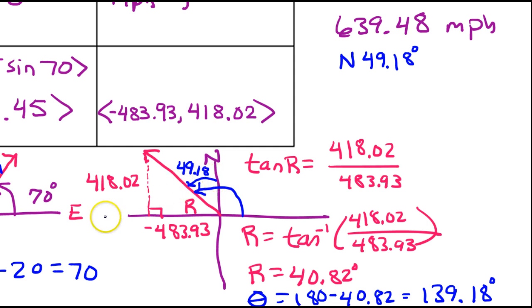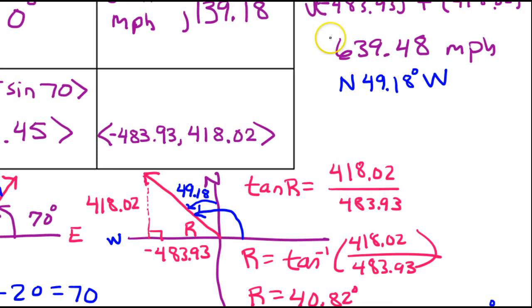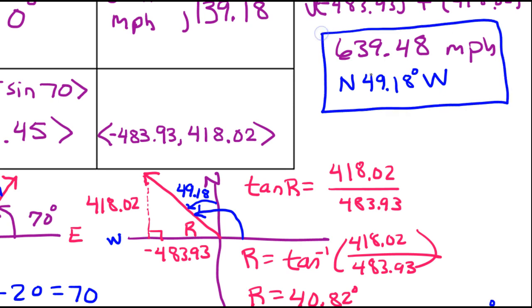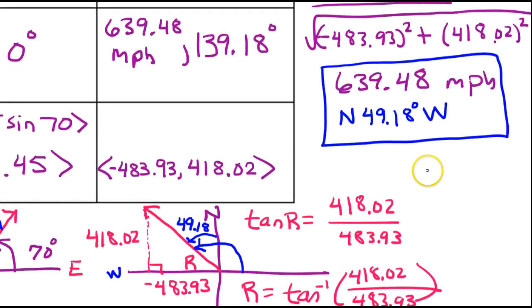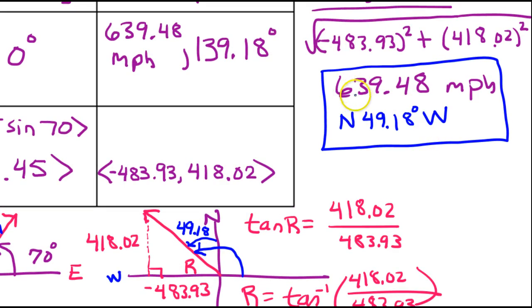And we are turning in the direction of west, that's where we're headed. So we say west. So this is your final answer right here in this box. The resultant velocity is going to be 639.48 miles per hour north, 49.18 degrees west. That's how you record your final answer.